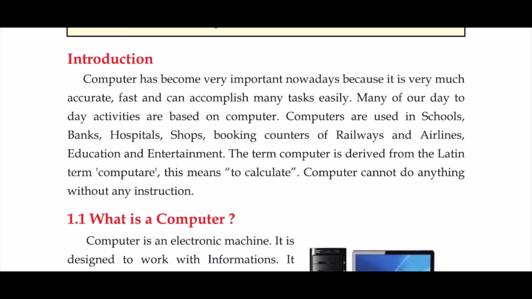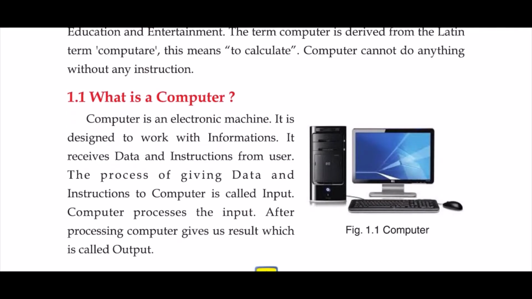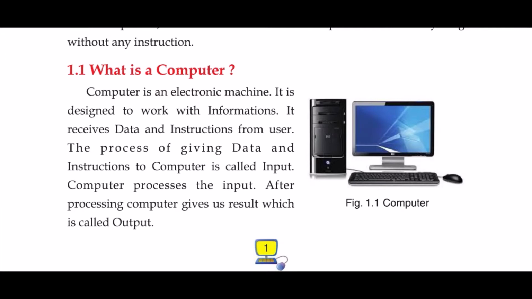Now what is a computer? Computer is just an electronic machine. It is designed to work with information that the user has provided or is going to input. It receives data and instructions from the user.